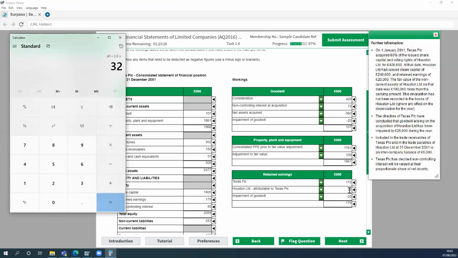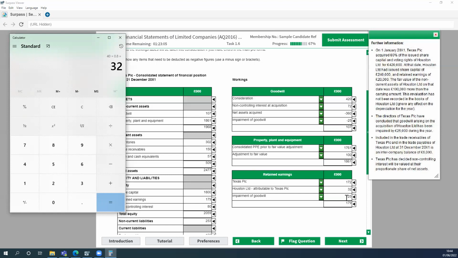So the retained earnings attributable to the parent: 172, which is 100% of the parent, so 172 of Texas, plus 32,000 of Houston's that is attributable to Texas, and then we take off the goodwill. So remember to take off the goodwill from the retained earnings.